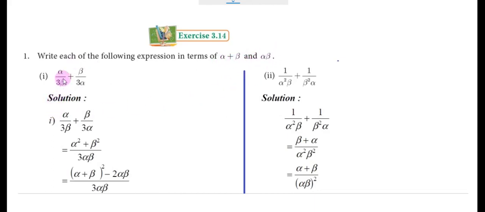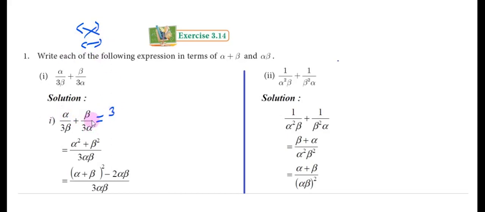So look, alpha by 3 beta plus beta by 3 alpha. Now let us do the cross multiplication. Move this 3 alpha there.